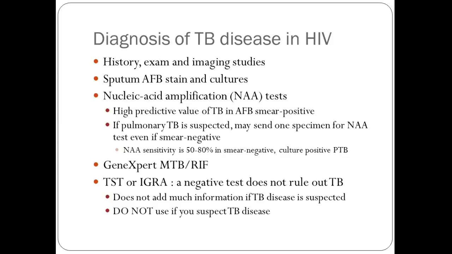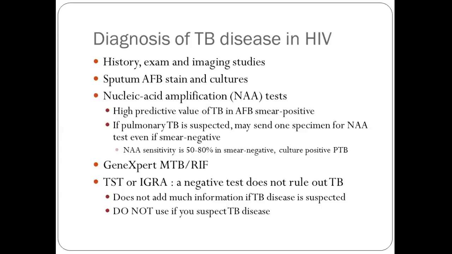Now, in terms of the nucleic acid amplification tests, the PCR tests, they have high predictive value of tuberculosis in AFB smear positive patients. This is very interesting because sometimes, and this becomes an infection control issue, I may have in the hospital somebody who is 3+ AFB, and the health department will do an MTB PCR for us, and it's negative.